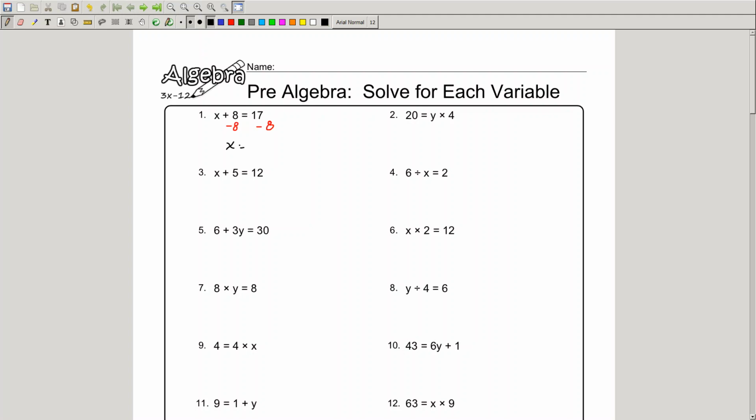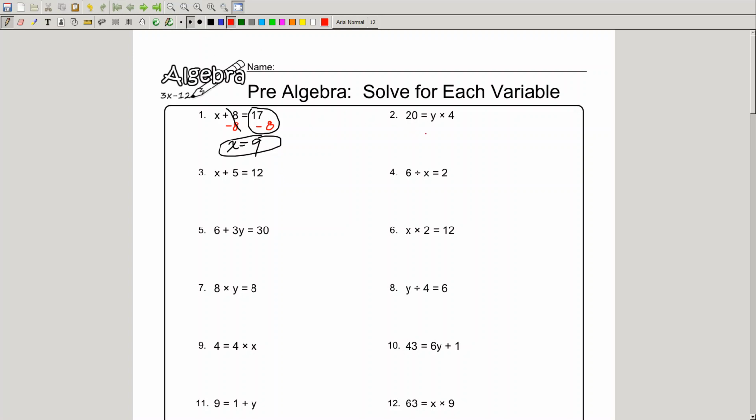The 8s on the left side of the equation will cancel each other, and you're left with x on its own, which means you've isolated your variable x. x is going to be 17 minus 8, which is 9. x is 9. You've isolated your first variable. Congratulations.